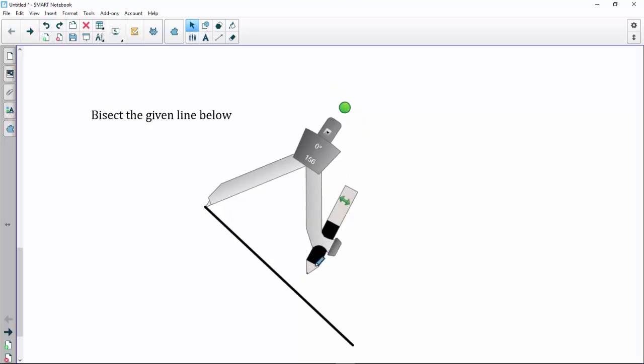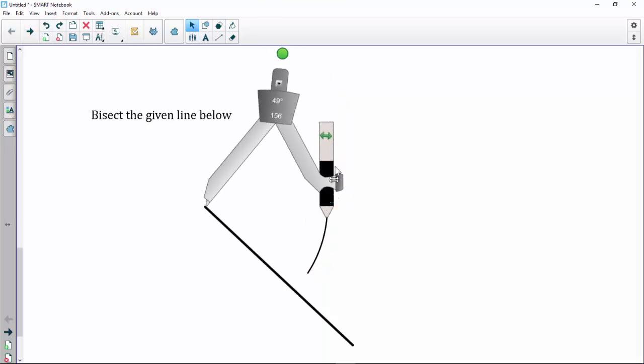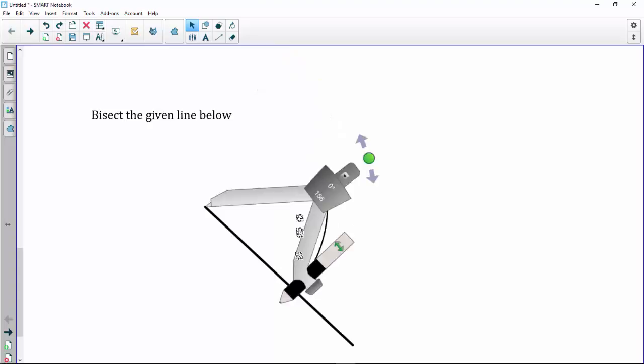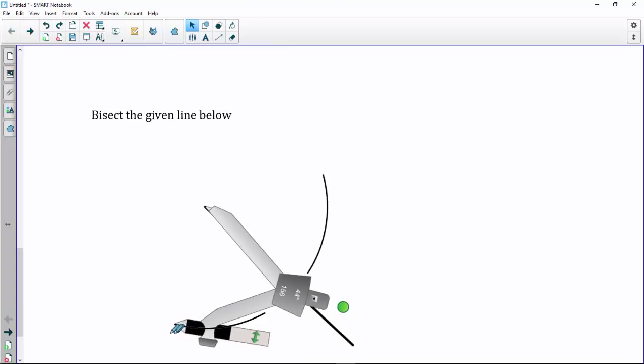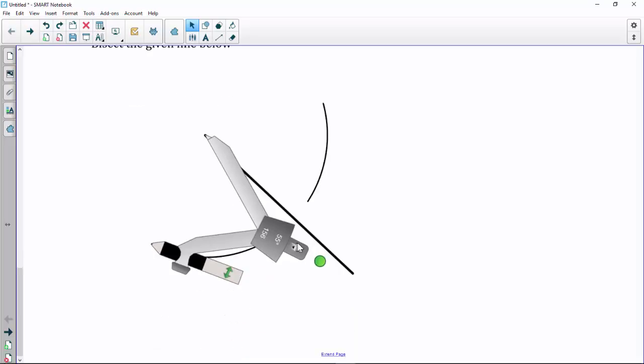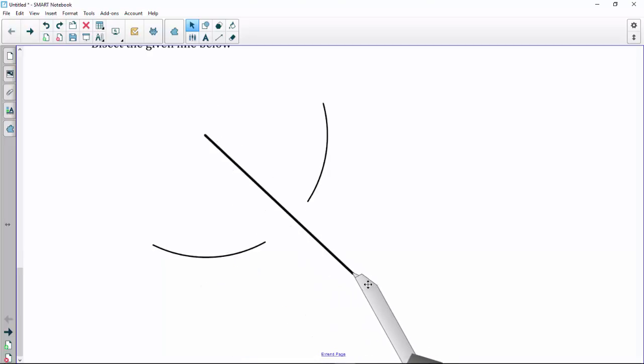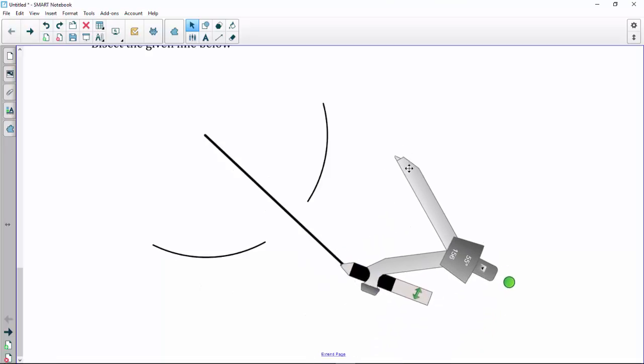And now we draw an arc above and below the line. Wonderful. Reposition the point of the compass at the end of the line.